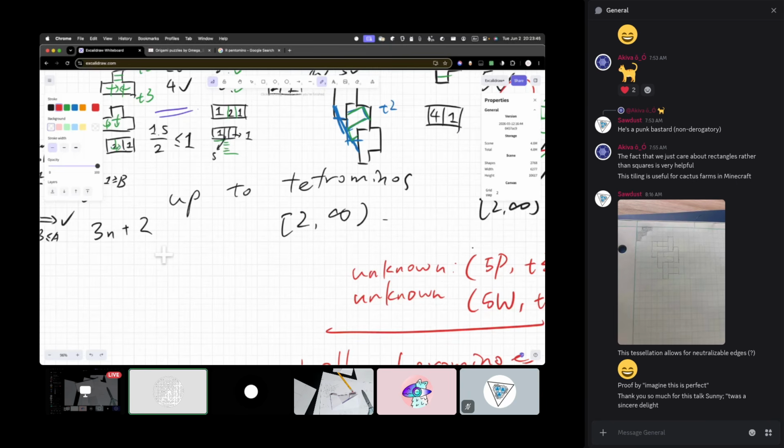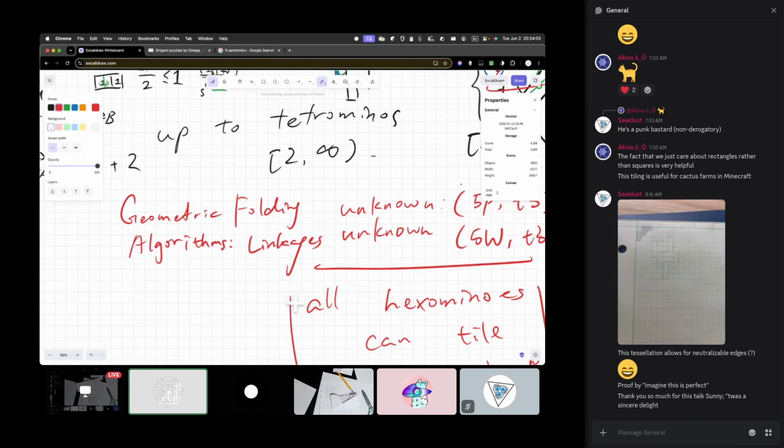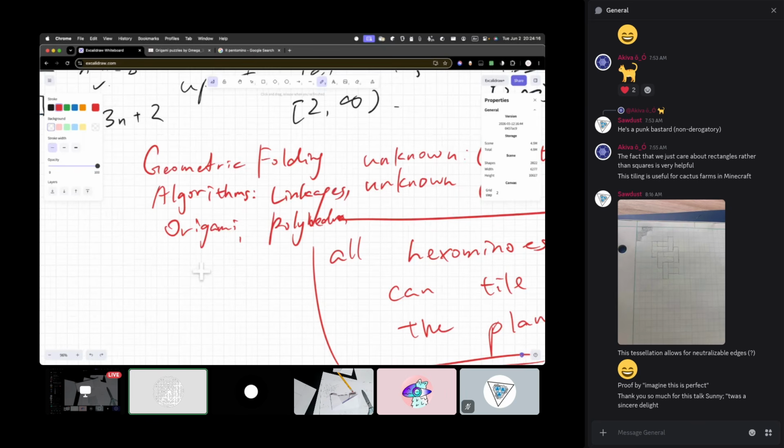One result is, I can't remember what theorem it is, but if you want to search for it, it's in Geometric Folding Algorithms: Linkages, Origami, Polyhedra. You would imagine this relates to origami, but it's actually about polyhedra, how you can fold something into a polyhedron, specifically into boxes.